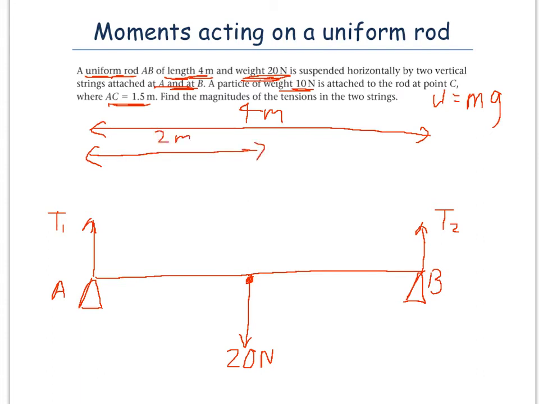And also, we're told that at point C, which is 1.5 metres from A, there's a weight of 10 newtons acting down. And that's all the key points from the question in a diagram.